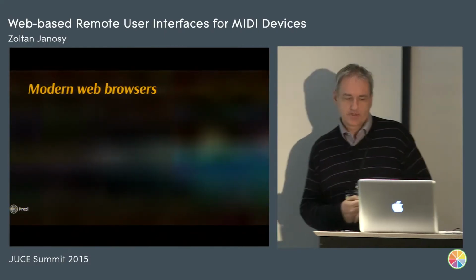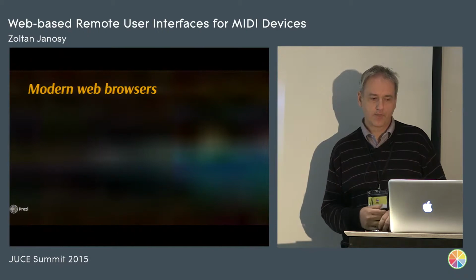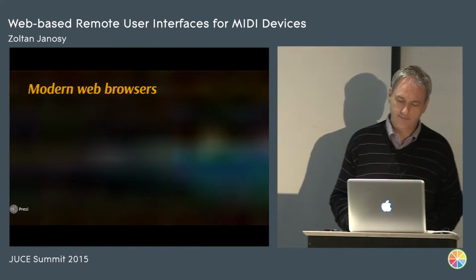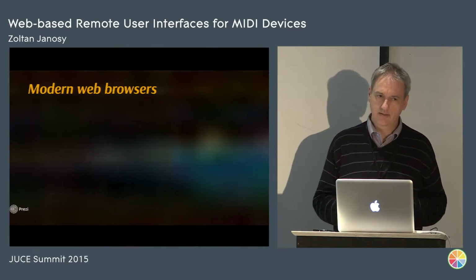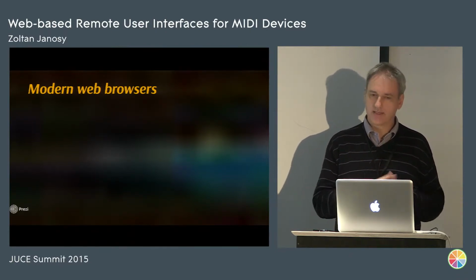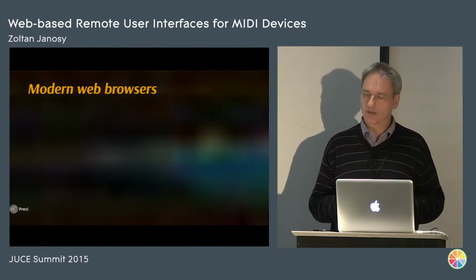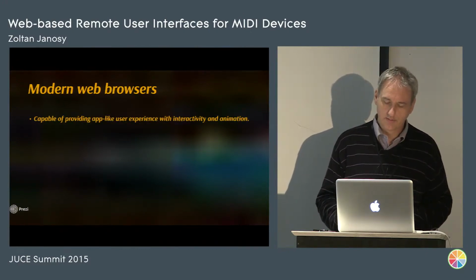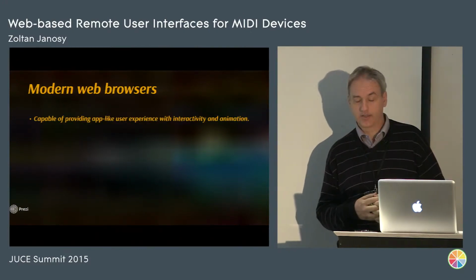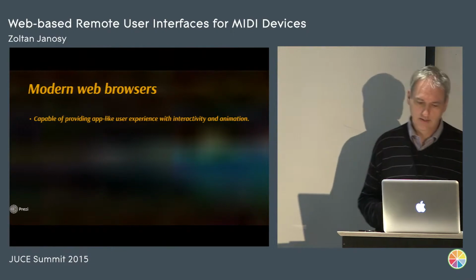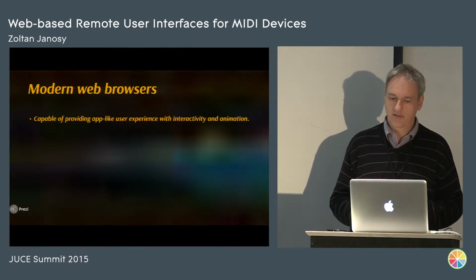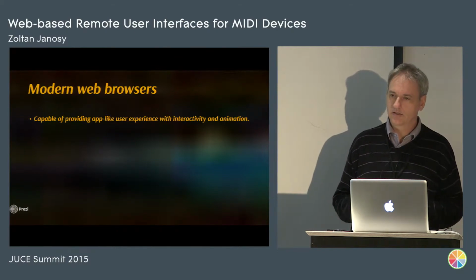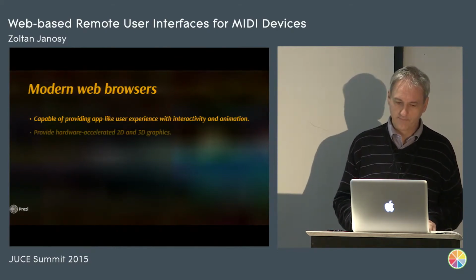So what makes it possible? Modern web browsers have a wealth of technologies already implemented. That wasn't the case just 5 years ago, but today they have plenty of very interesting technologies. They are capable of providing app-like user experience with interactivity and animation.